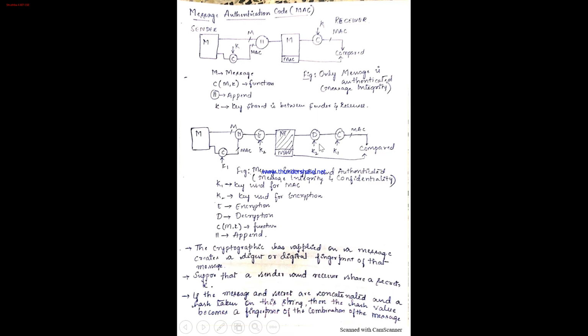On receiving, this person will decrypt it using K2, then apply the message authentication function, result in the MAC, and cross-check. Both integrity and confidentiality are taken care of in this other variant of the message authentication code. The same thing I have written verbally here. So this is what exactly happens in the case of message authentication code.